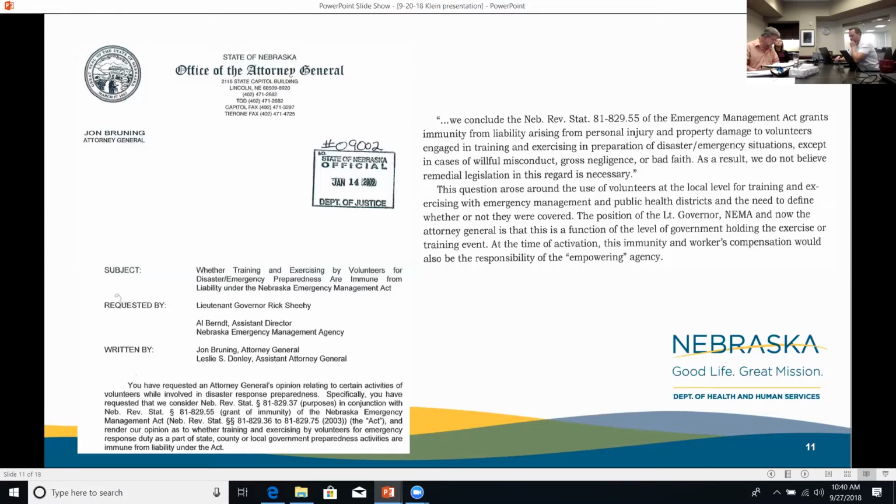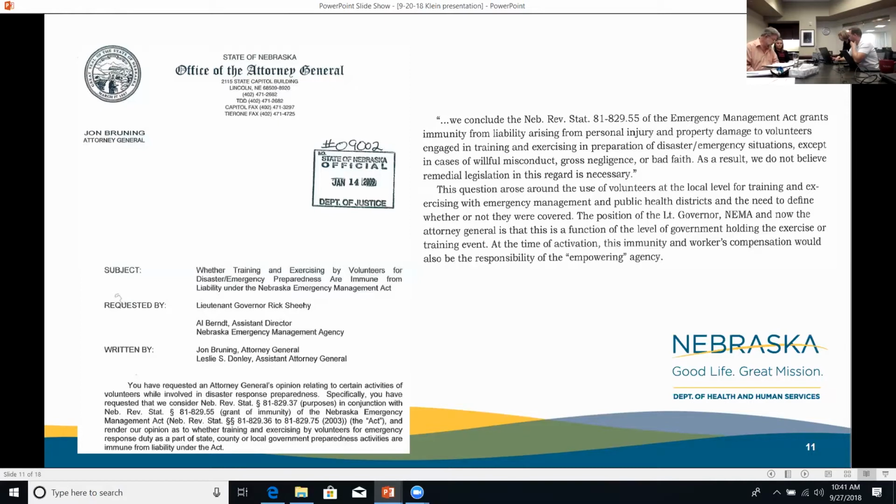And part of what I didn't put up on the graphic, by the way, the quoted language there is from the actual AG's opinion. And then the language down below that is Al Berndt's comments in the Beacon.